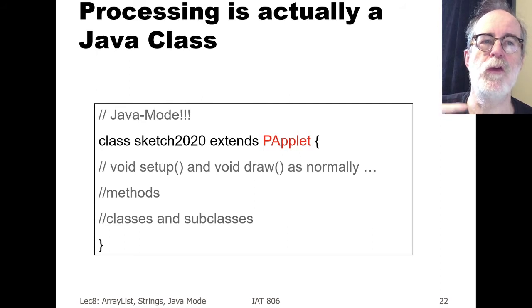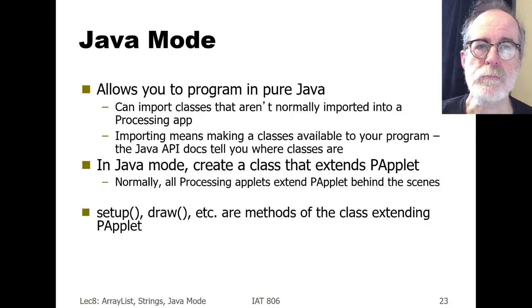If you just have straight line code, say 3 lines of code, line, ellipse, ellipse, or something like that, that code is being put into a skeleton setup that has already been defined within Sketch 2020. So both of those modes, the one with straight line code and the one with methods and classes and subclasses, behind the scenes, processing is putting them into a Java container that it has previously defined. That is to say, the sketch that derives from PApplet, and compiling that and running it.